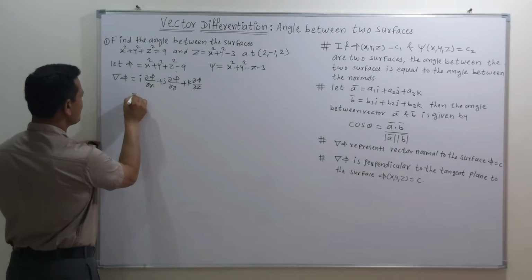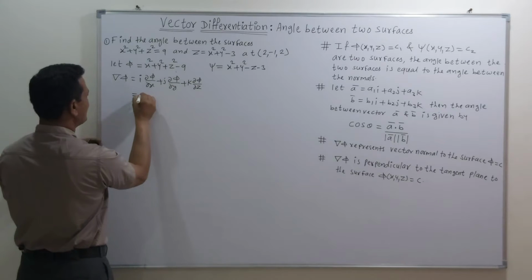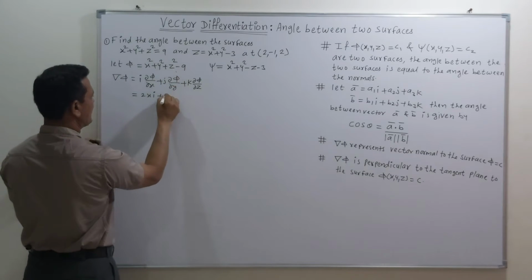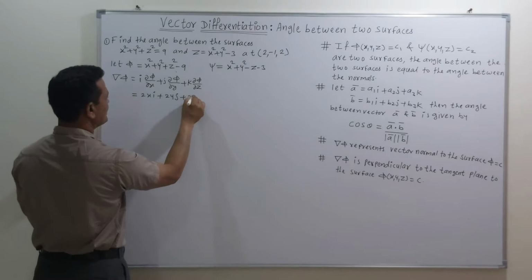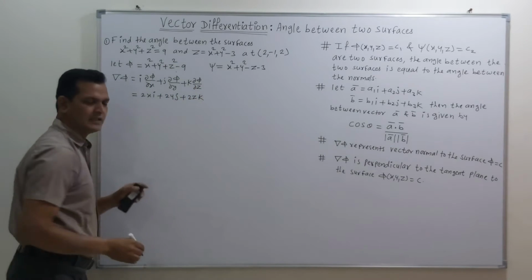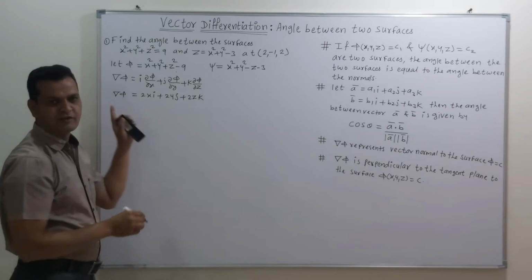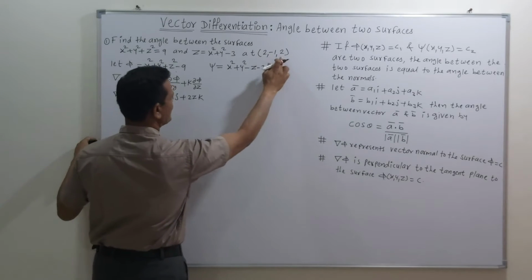We apply this here. The derivative of this term with respect to x is 2xi, plus the derivative with respect to y is 2yj, plus the derivative with respect to z is 2zk. In this way we get the value of del phi. Now find the value of the gradient of phi at the point 2, minus 1 and 2.